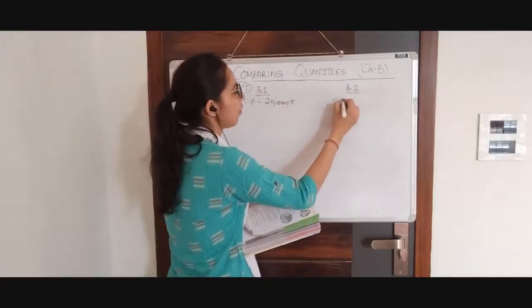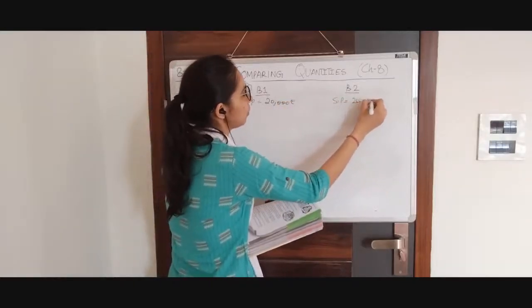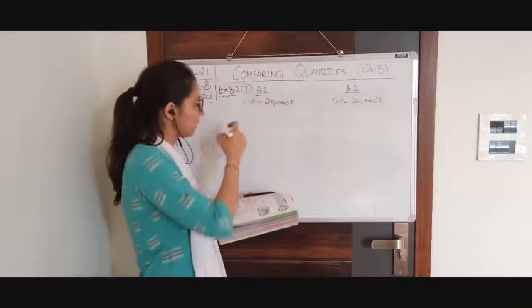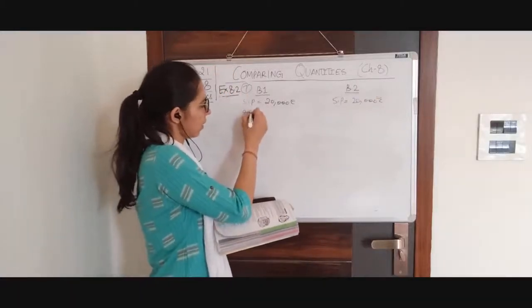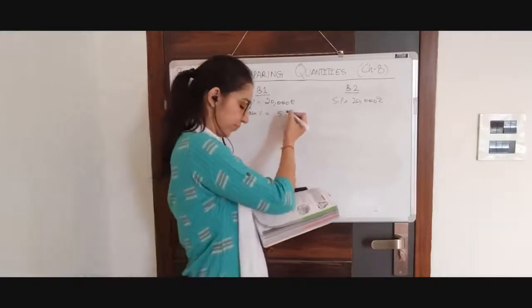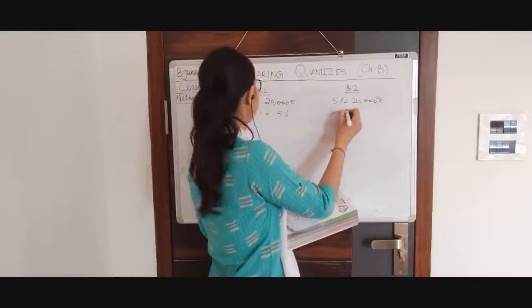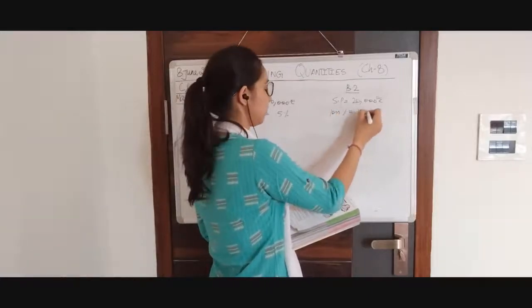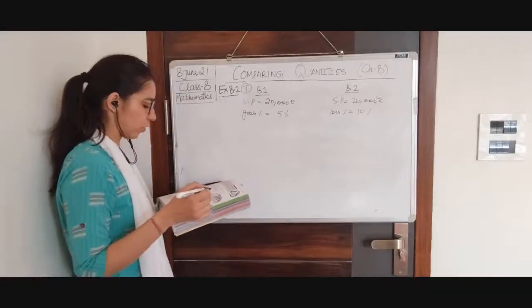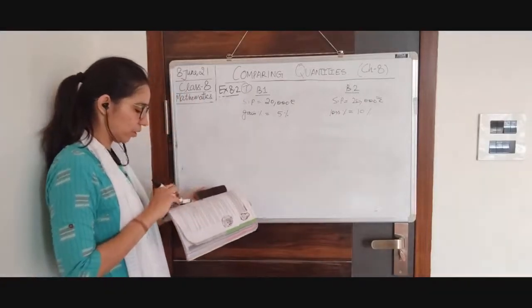Selling price of second buffalo is also 20,000. He made a gain of 5% on first buffalo, and he made a loss of 10% on his second buffalo.